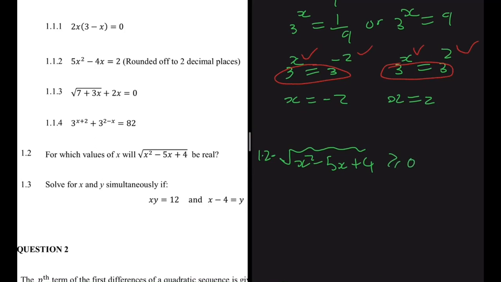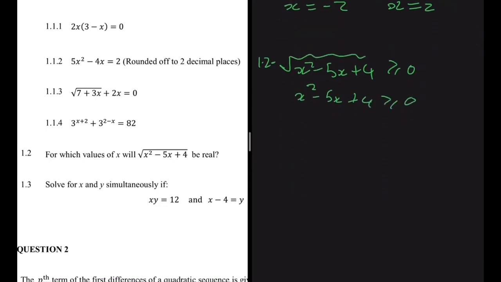We're squaring both sides, so we get x squared minus 5x plus 4 being greater or equal to 0, right? So now let's find our CV, critical values. We're going to equate to 0 so that we can find our critical values. So we're going to get x squared minus 5x plus 4 being equal to 0.